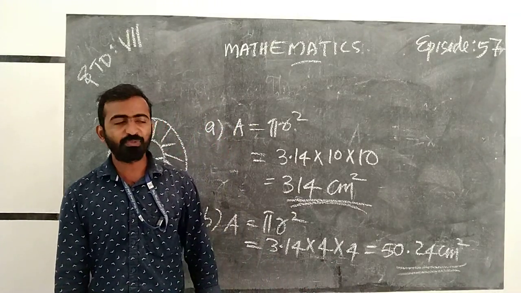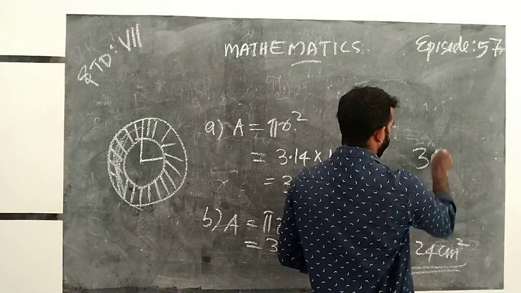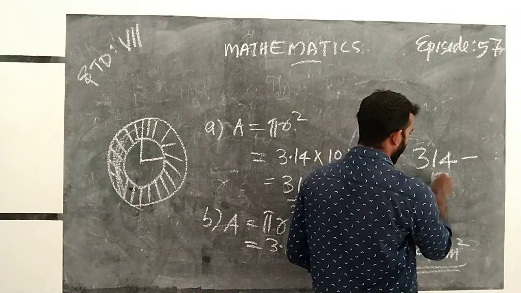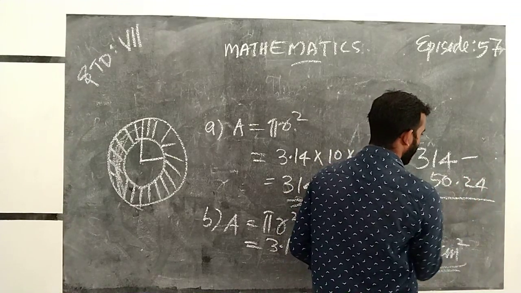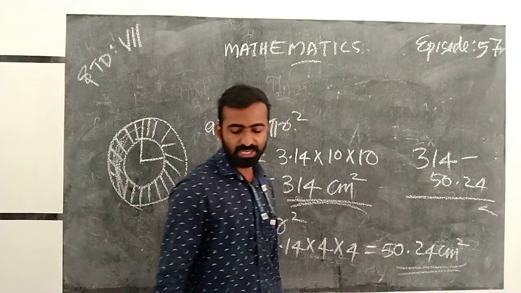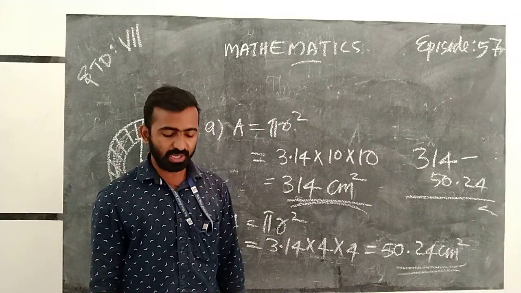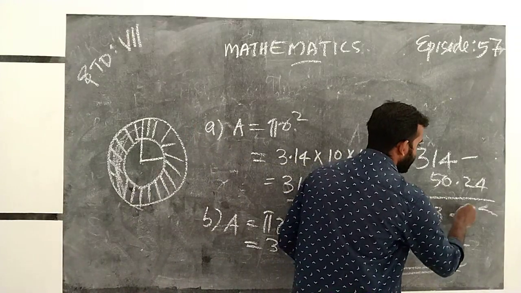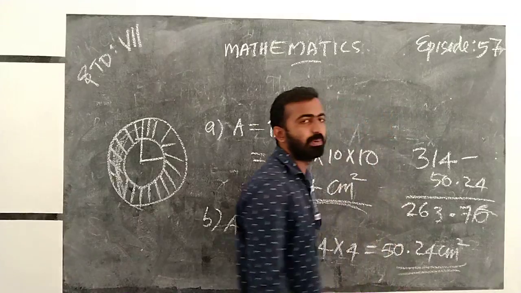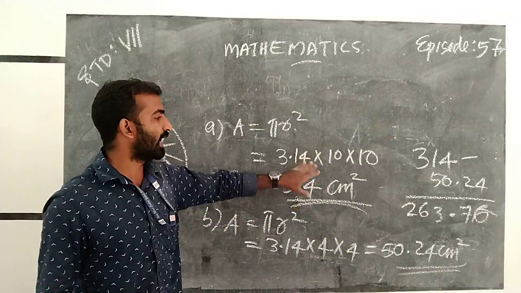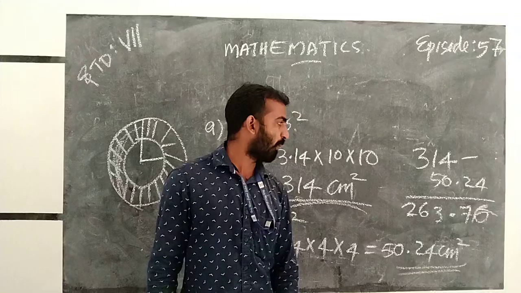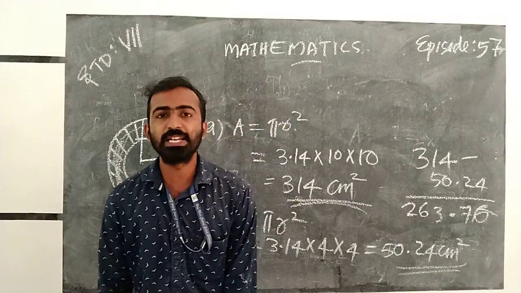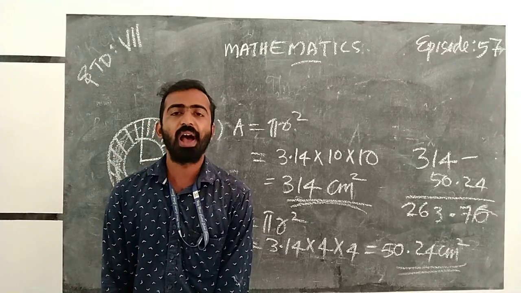So the area of the shaded region is 314 minus 50.24. We get 263.76 centimeters square. That is the area of the shaded portion.